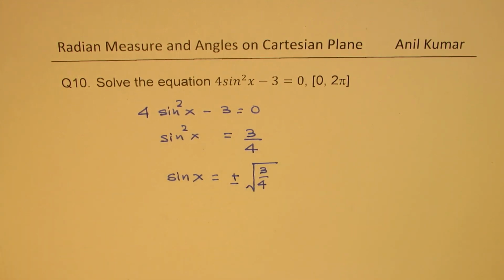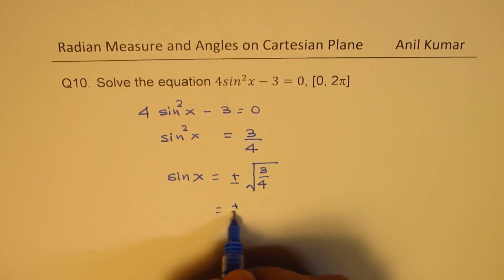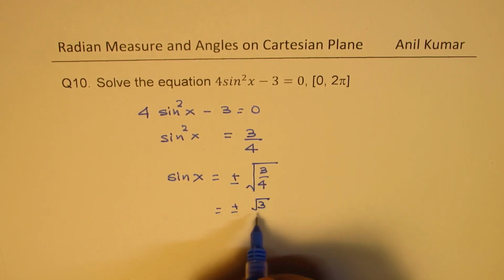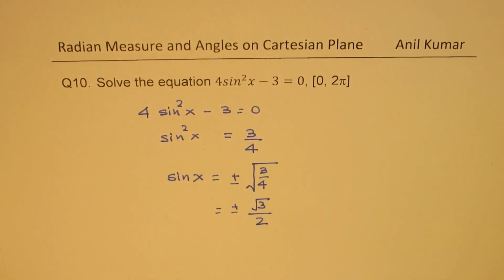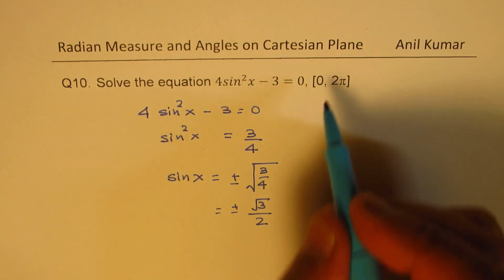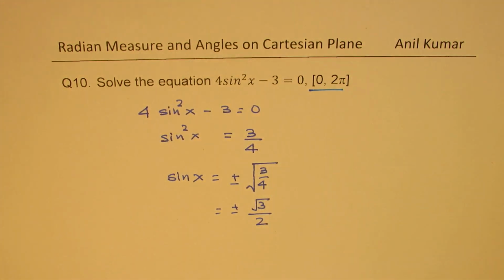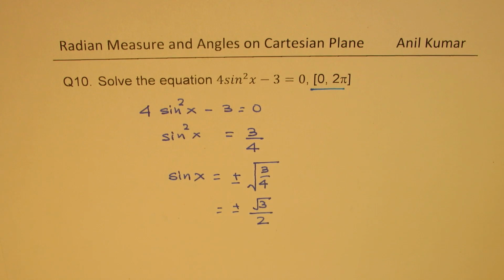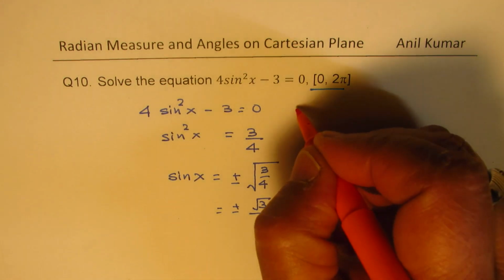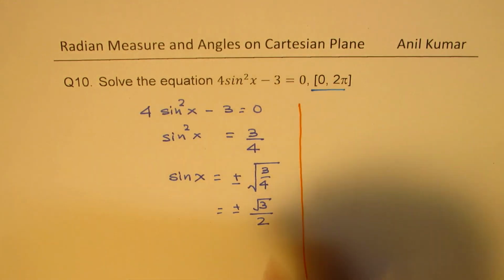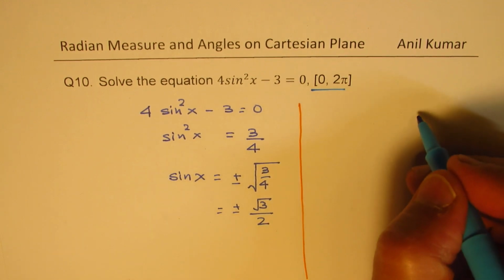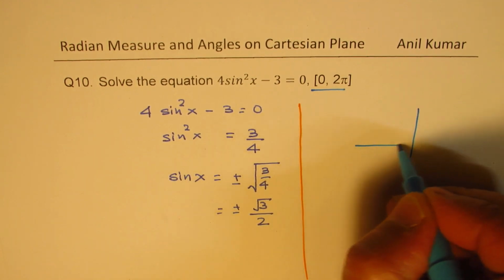So whenever you do a square root, you have to write plus and minus, which is plus minus square root of 3 over 2, right? So in this particular interval, which is from 0 to 2 pi, how many solutions do we have? We'll have 4 solutions, correct? So we are looking for 4 solutions in this case.